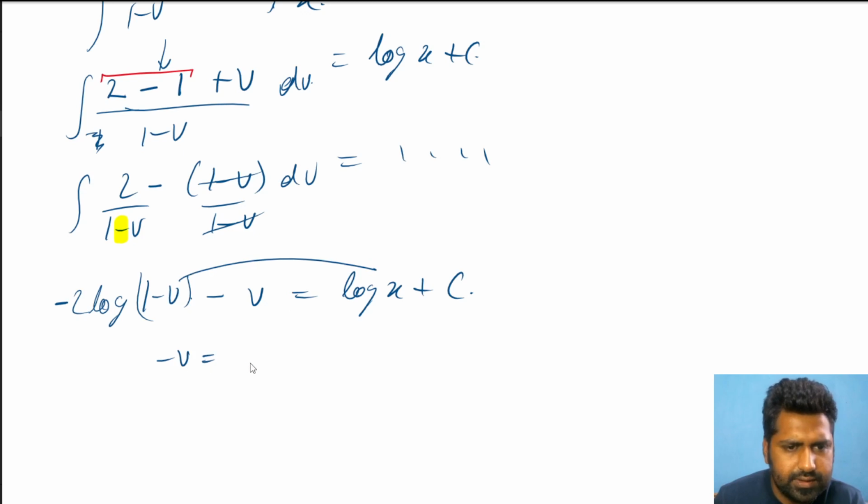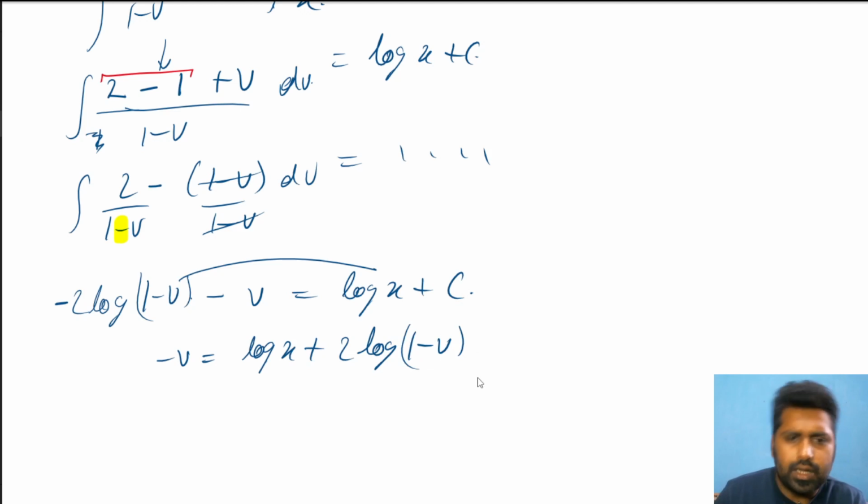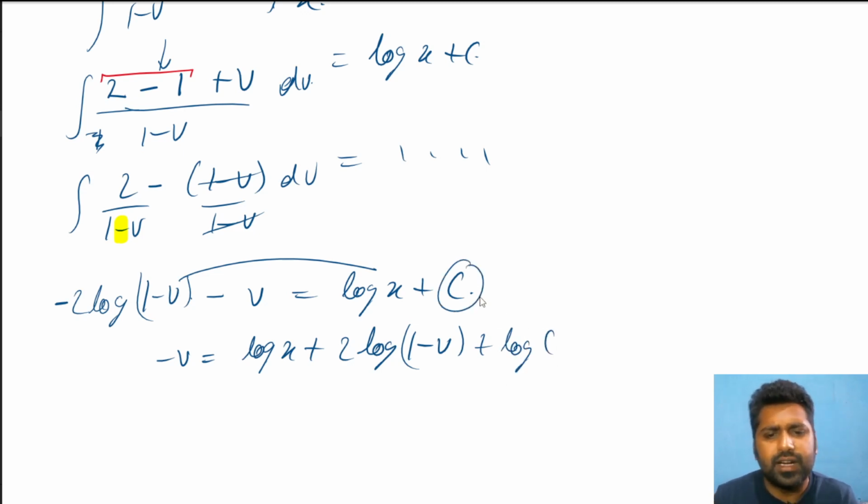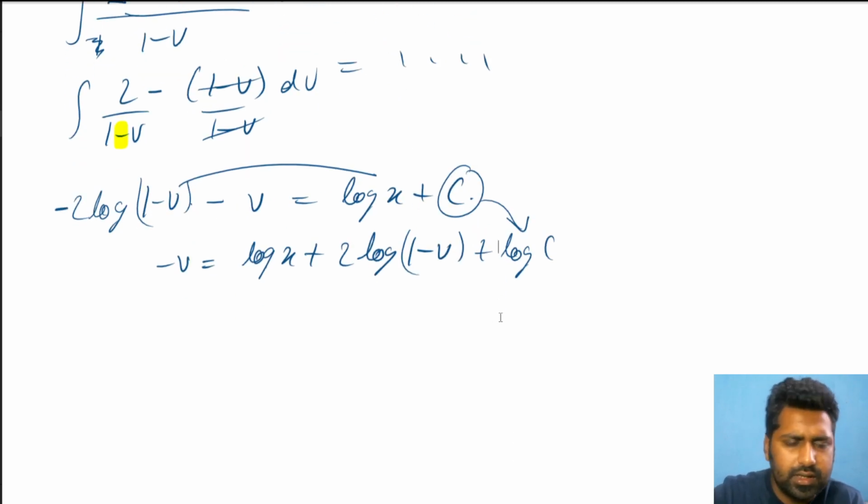So minus v is equal to log x plus 2 log 1 minus v. And now you can see, what if I write this as also log c? We'll be able to combine that. Let's write log c. Instead of c, I'm writing log c.